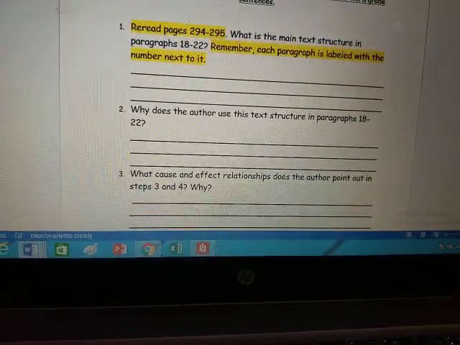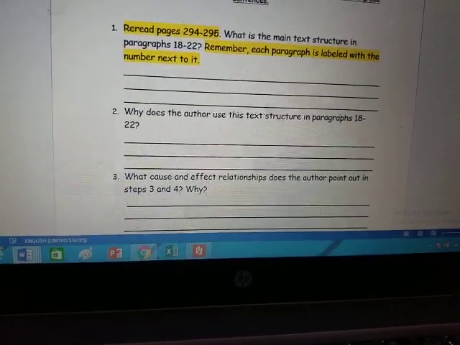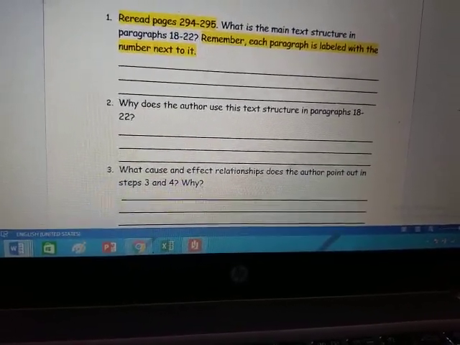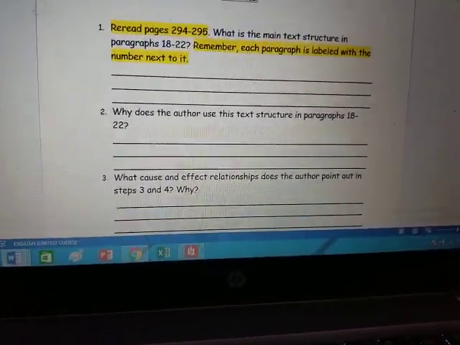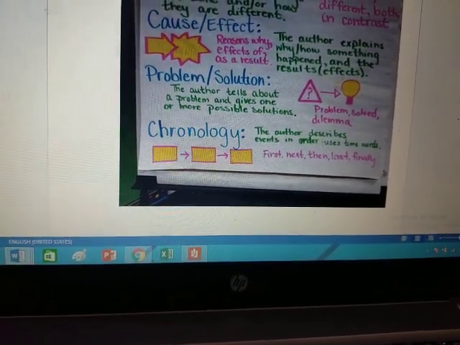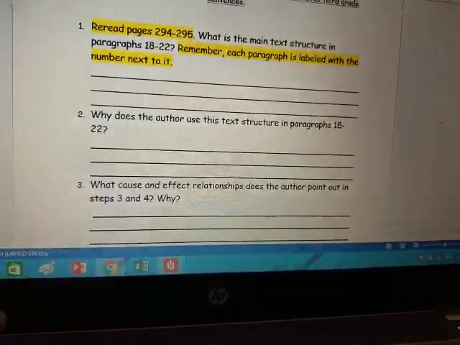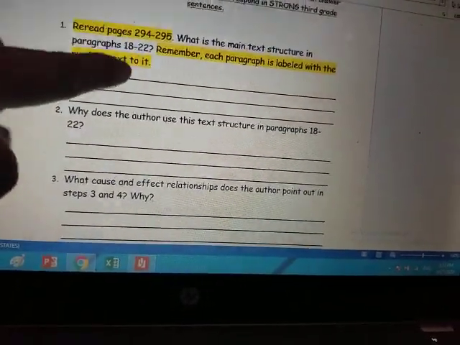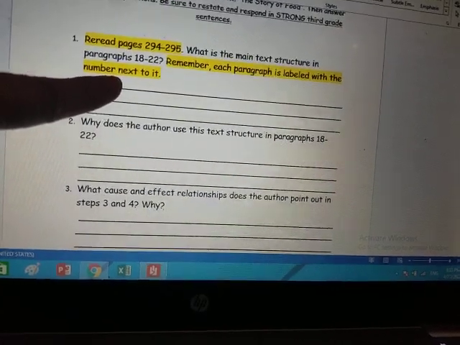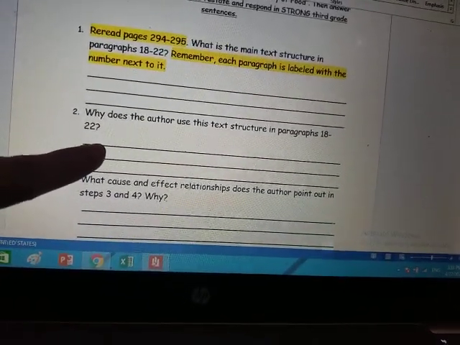For number 2, you would write, the author uses problem and solution because there was a problem with the apples and blah, blah, blah, blah. But that's not the answer, so don't do that. Which one of these is the problem? Which one of these is the structure? And then tell me why it's the structure. Okay? This right here, number 1, you're telling me what the structure is. Over here, you're telling me why it's the structure.